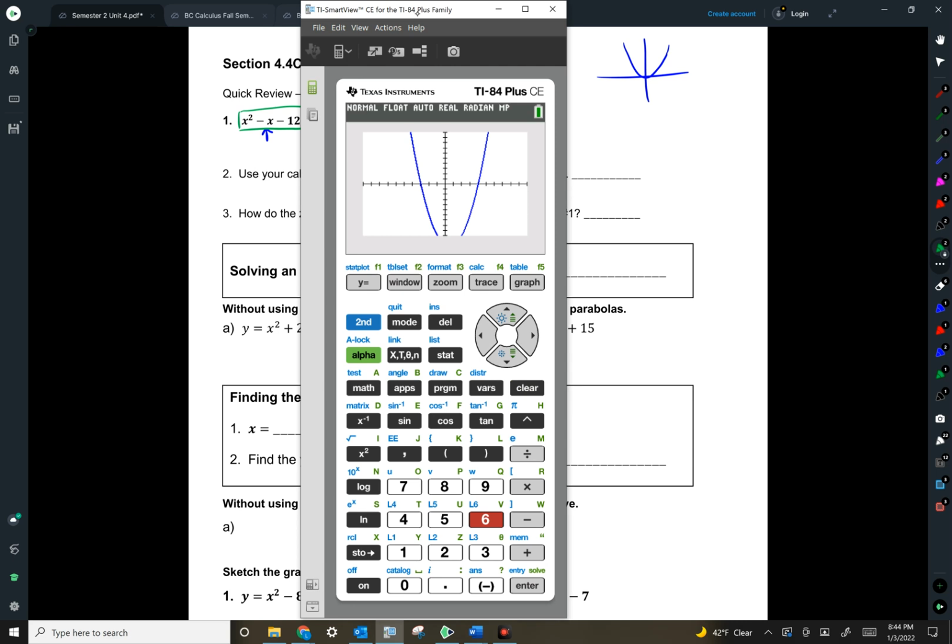And the question was find all zeros. I could do that with second trace and choose number 2 for zeros, but I don't really need to, because remember, aren't the zeros where it crosses the x-axis? And you can tell this parabola is going to cross the x-axis right here at -3 and then over here at +4, right? So the zeros are x equals -3 and +4.